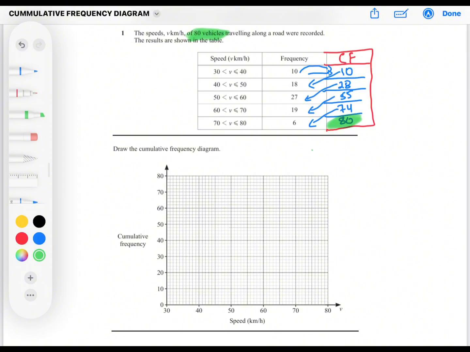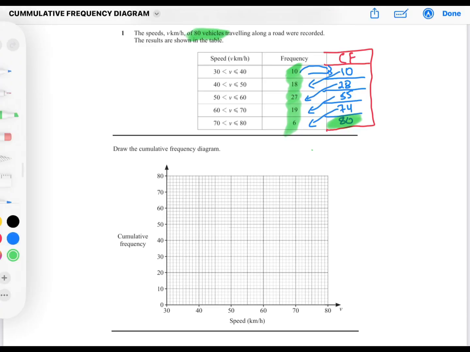So the total will be equal to what is given in the question. If you want to check it, you can add the frequencies as well, and you will get 80. So you can check whether you have done it correctly, because the end of the cumulative frequency always gives you the total value given in the question. Here they are talking about vehicles, so the total is 80.